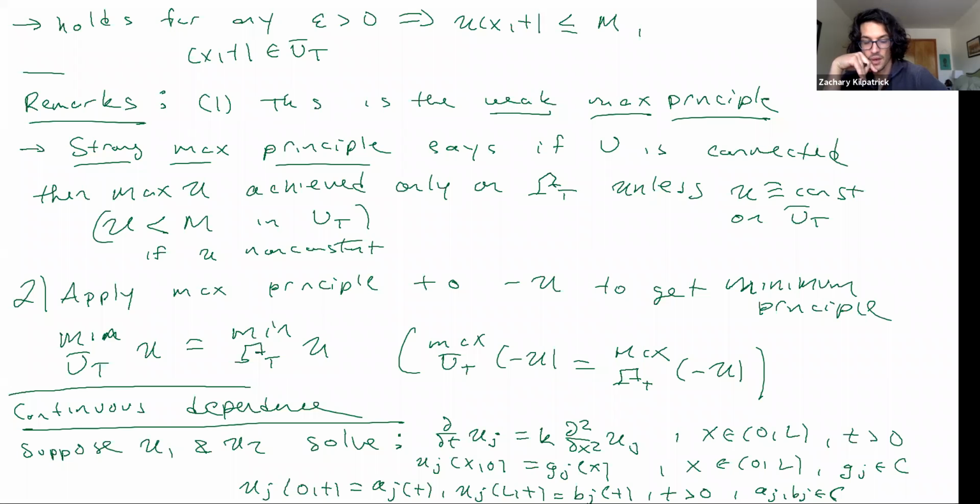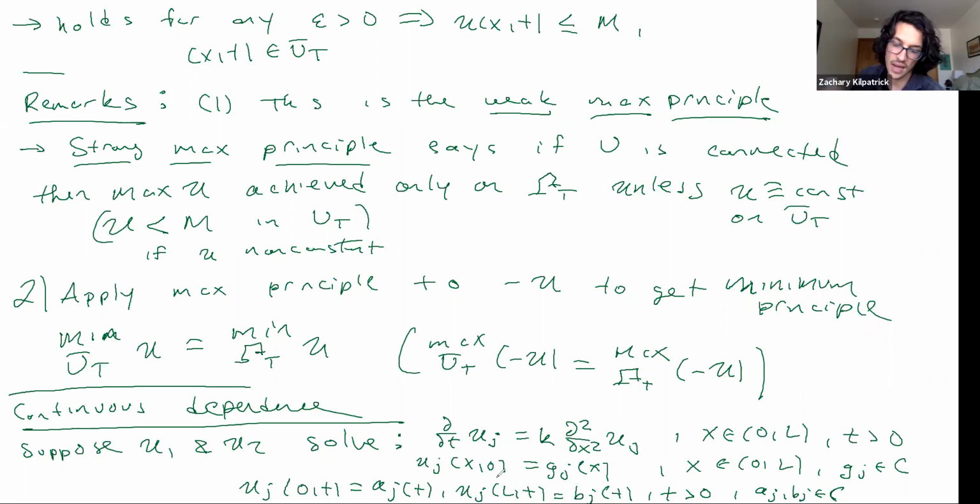Okay. So, continuous dependence. What do we need for continuous dependence? We need that if each of the initial boundary value problems are very small perturbations of one another, then the solutions should be small perturbations of one another.